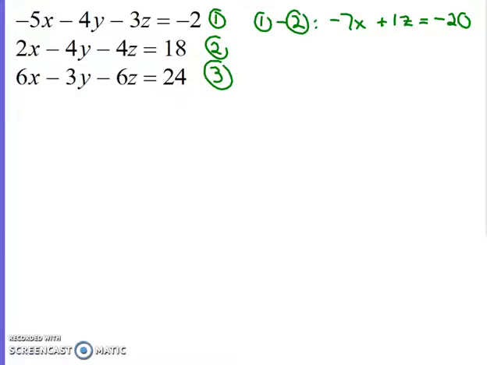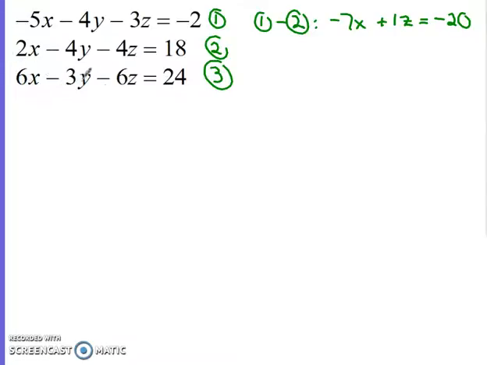How about if I multiply maybe equation 2 by 3 and equation 3 by 4, and that'll make these both into 12s. Or should I multiply by a negative so it makes one of them positive and then I can add them? I think I'll do that.